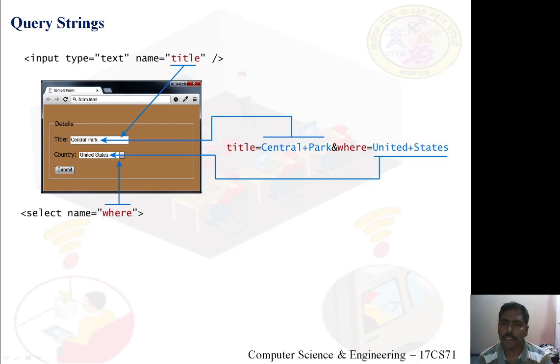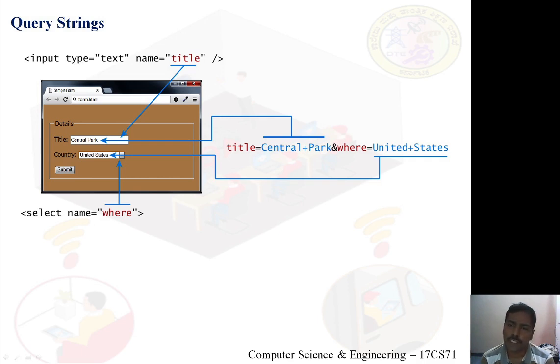Clearly, the query string in this case is title equals Central Park, where equals United States. In this form there are two input fields: one is title and the other is where. The value of title is Central Park.